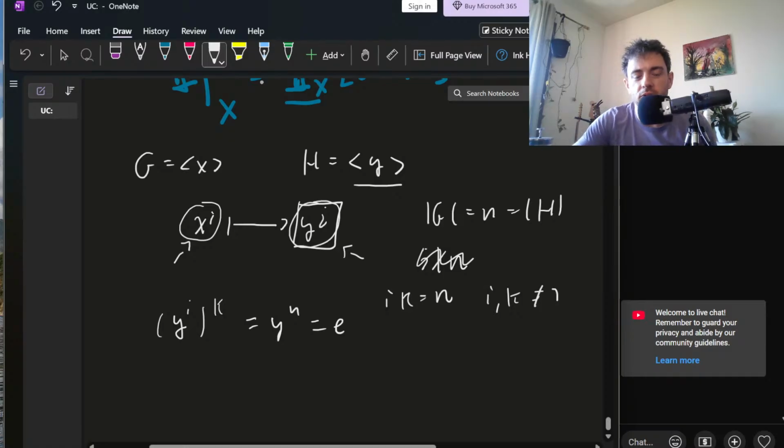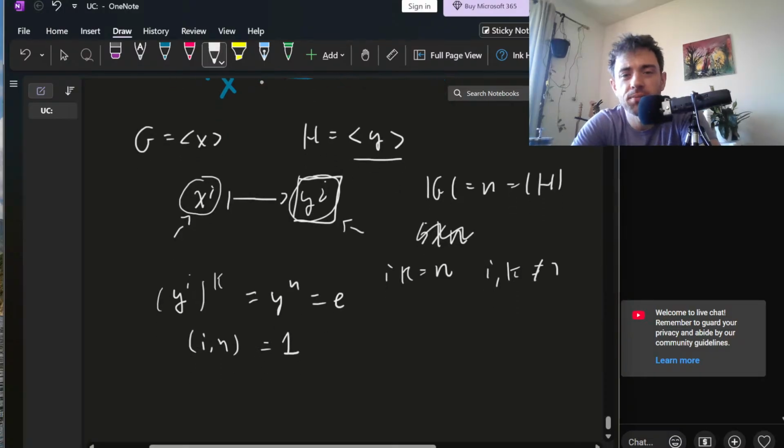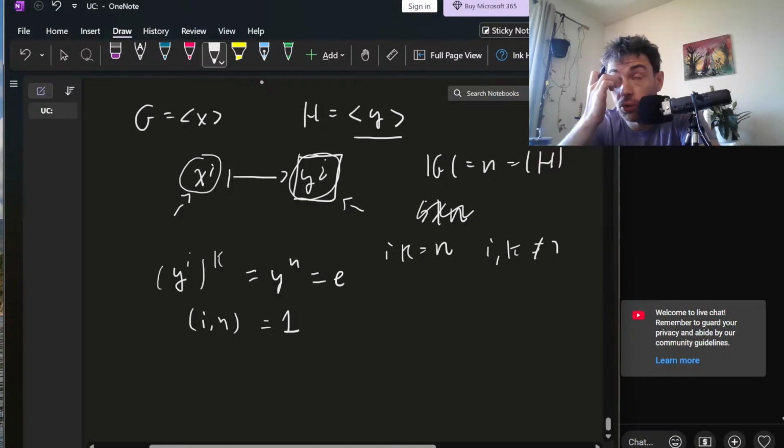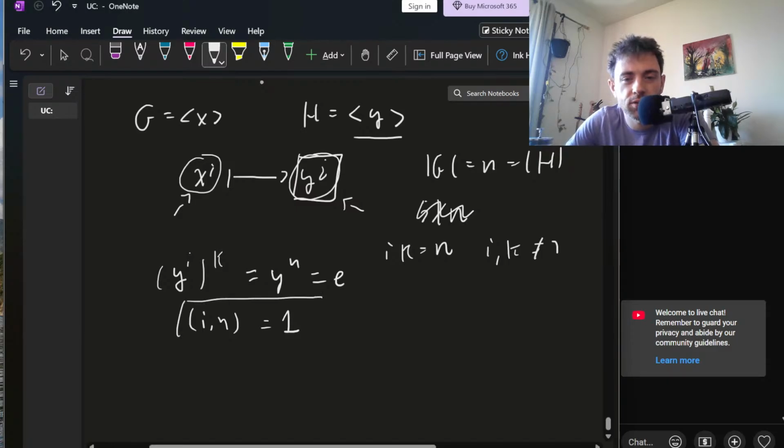So it can't possibly generate the whole group. In other words, you need i and n to be relatively prime. And that's it. That's all you need. So those are the necessary conditions. Are they sufficient? Well, I would maybe just check. So definitely, if this is an isomorphism, i and n have to be relatively prime.